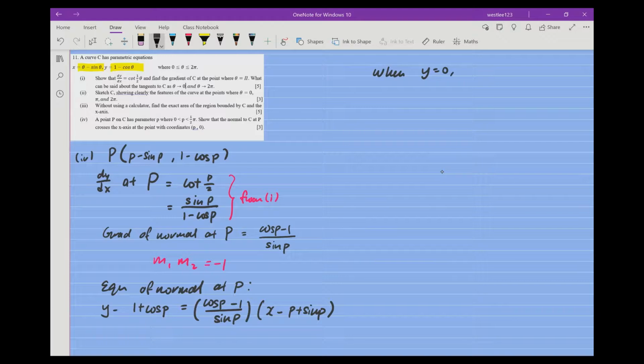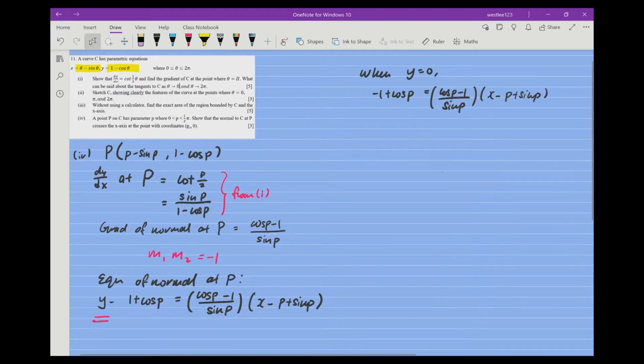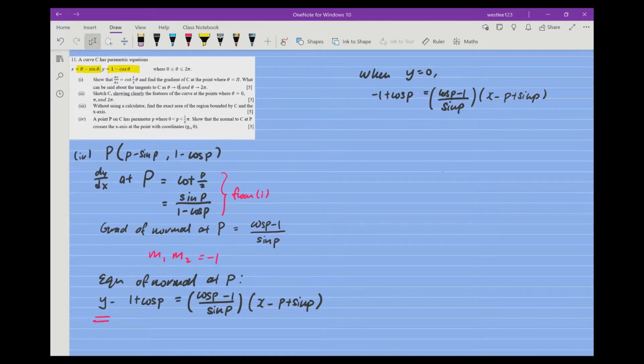So when y equals to 0, -1 plus cosine p equals to cosine p minus 1 over sine p. So I'm not doing anything much from the previous step to this step. I am merely changing y to 0.